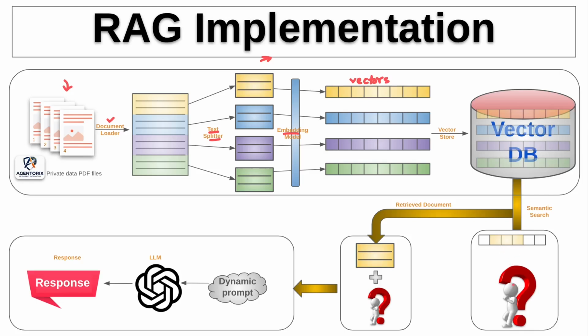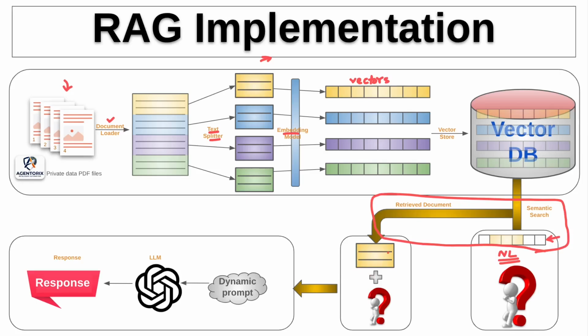Then when a user queries in natural language, we will convert this natural language to a vector first. Then we will perform semantic search and retrieve the most relevant documents based on these queries. All these things will be handled by this retriever.